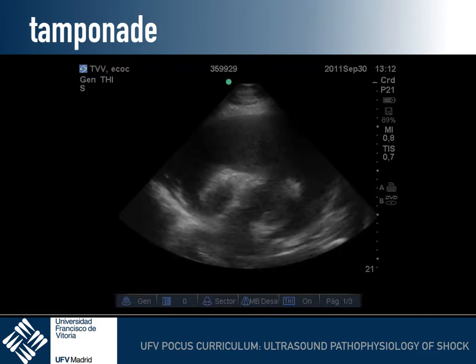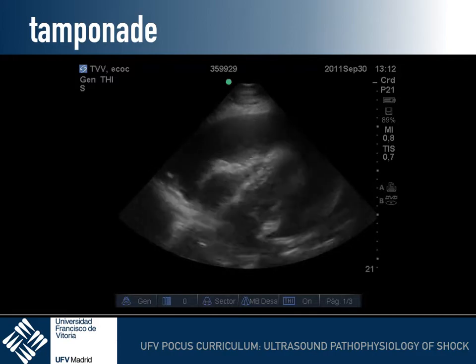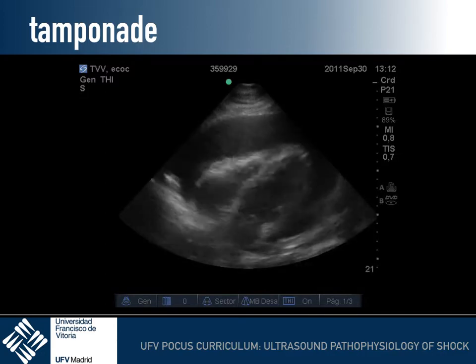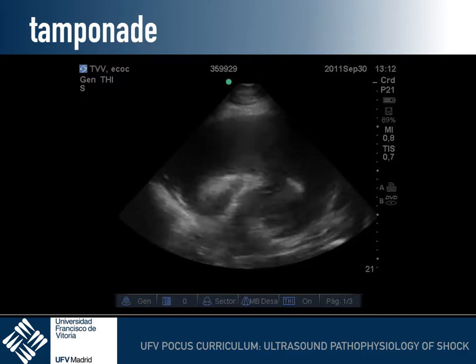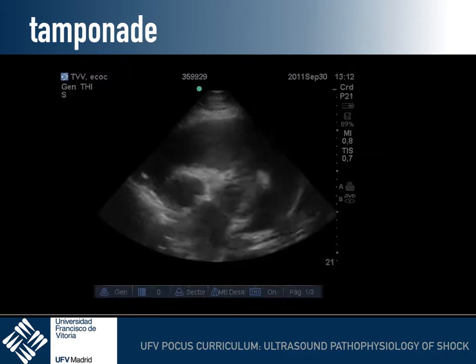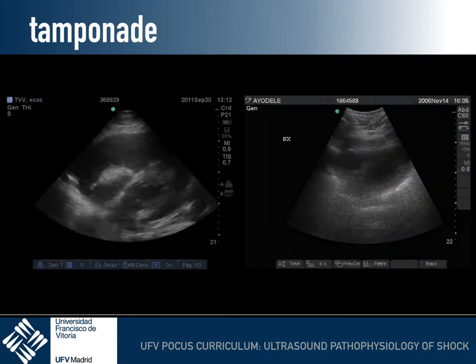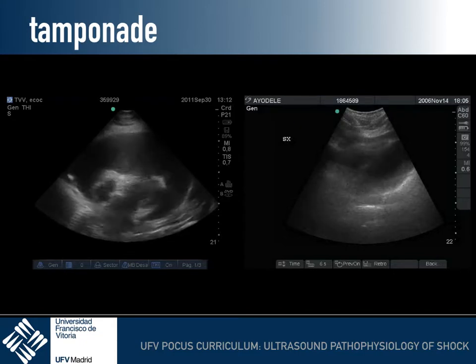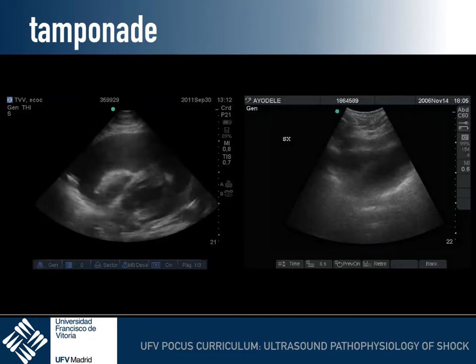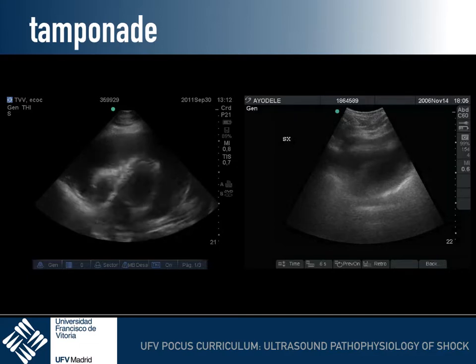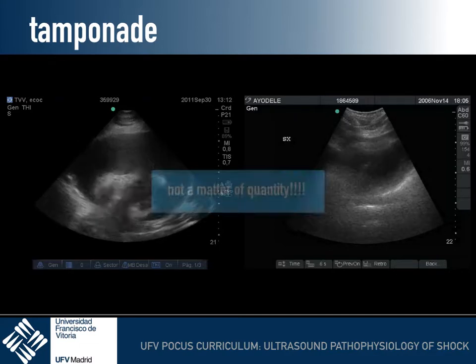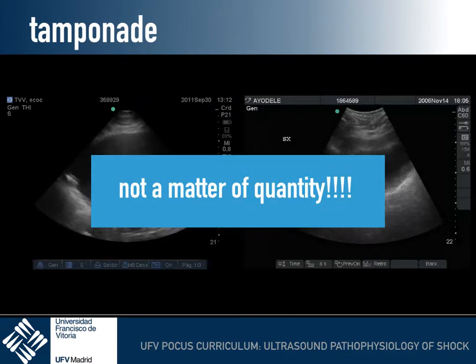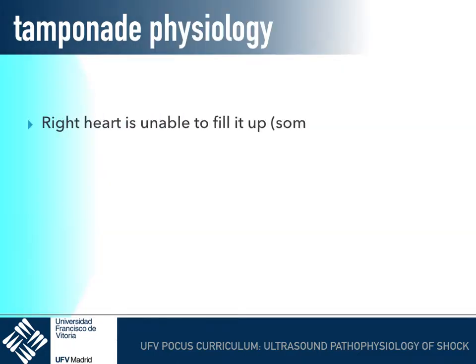The quantity is important, but it is not the most important thing we have to evaluate for a tamponade. Because in the other case, the right clip, the patient had a tamponade as well with a lower quantity of fluid. So it's not a matter of quantity. It's a matter of time.